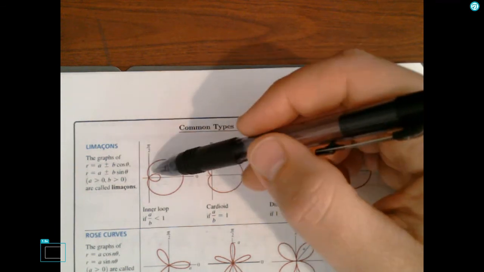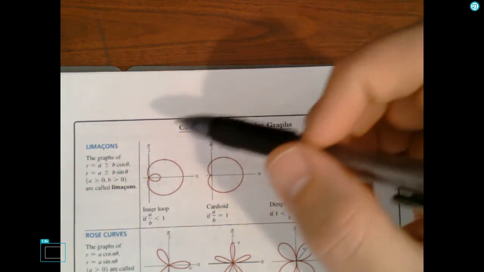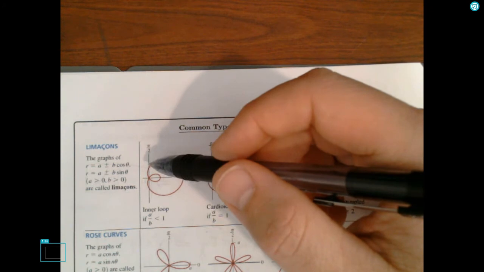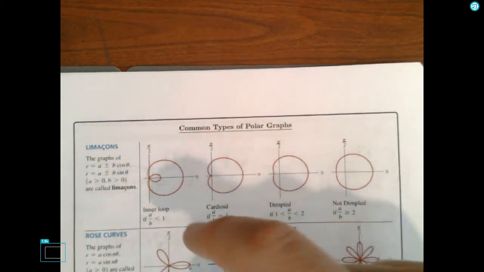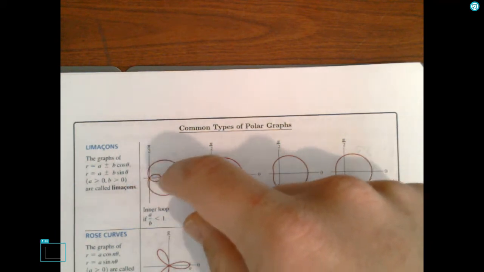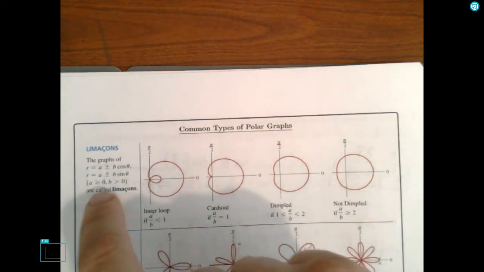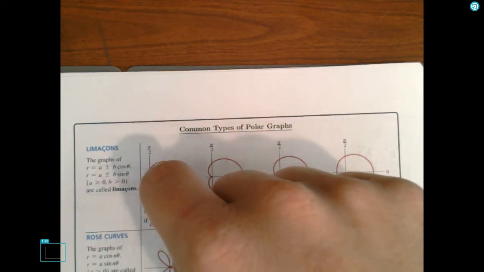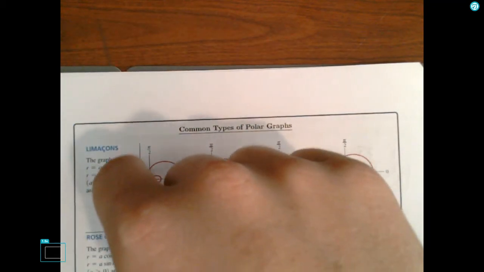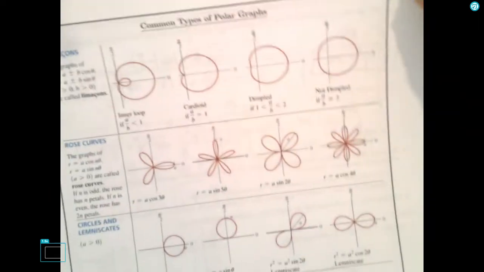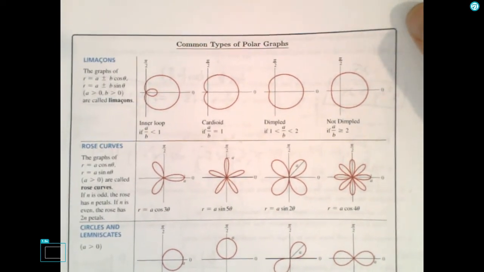If you had 1 plus 2 sine theta, it would look exactly like this, but rotated 90 degrees, so it would be pointing upwards, right? And if it was 1 minus 2 sine theta, then it would be rotated 90 degrees clockwise, so it would be pointing kind of downwards, right? So that's the way that the limacons work.